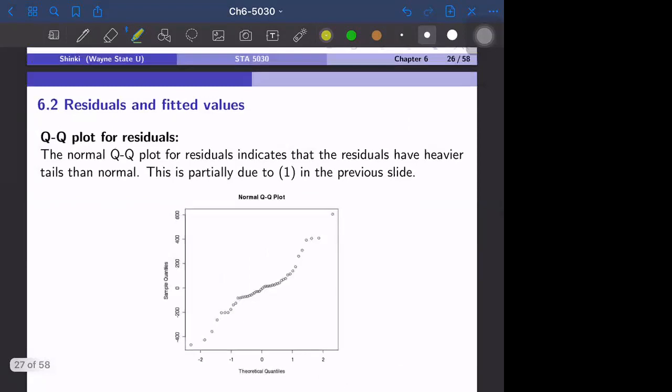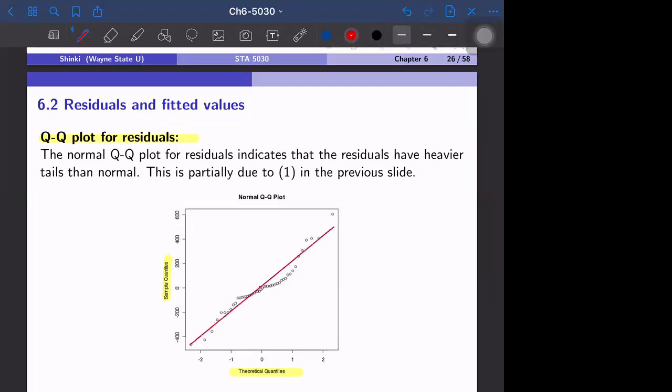Another assumption we often make is normality. The QQ plot diagnoses whether or not residuals are normal. In the normal QQ plot, the x-axis is the theoretical quantiles and the y-axis is the sample quantiles. If all observations are almost on the same straight line, then we can say it's almost normal.